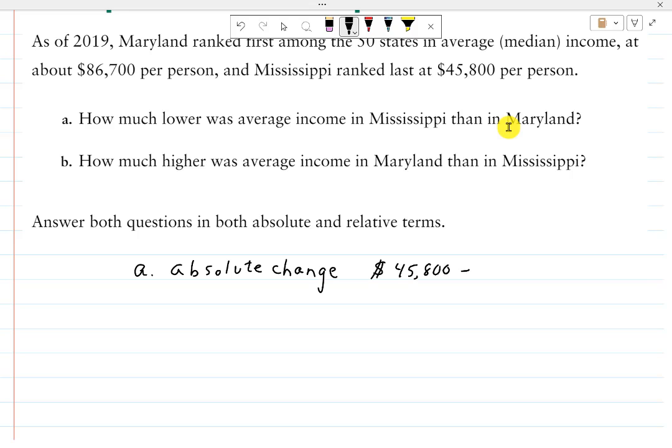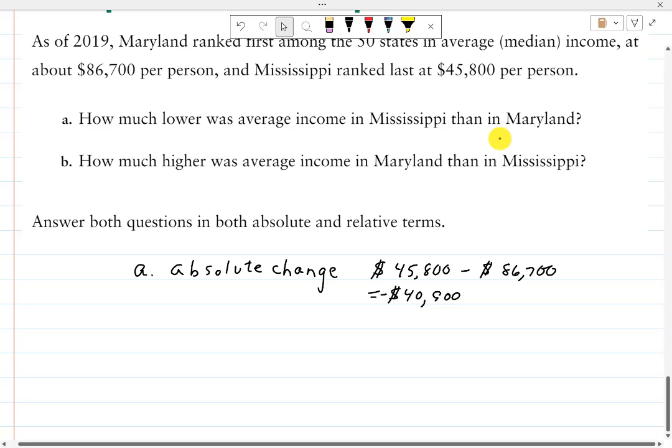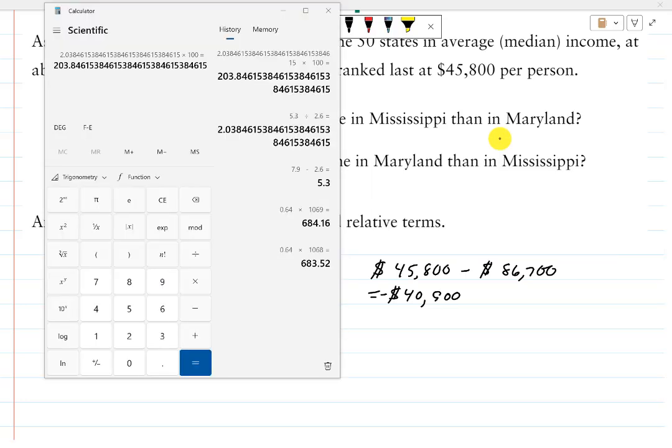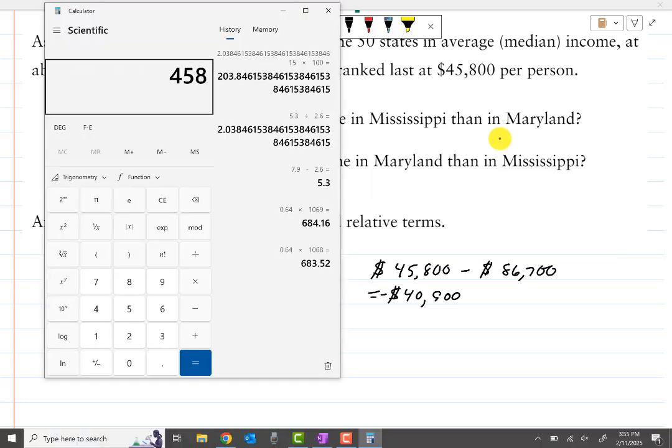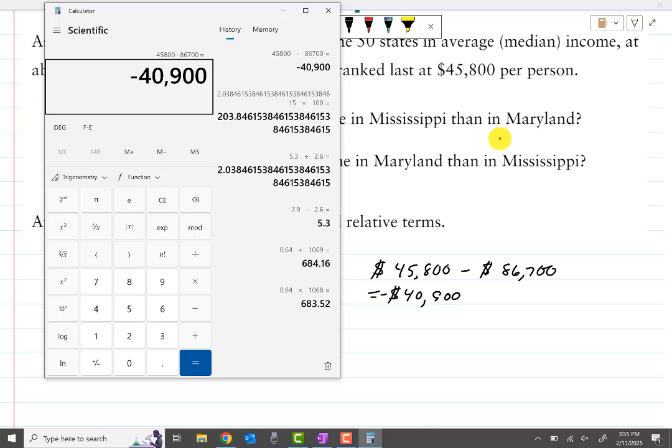we're going to subtract $86,700. And that looks like $40,900, but negative. Let me just check with my calculator. So I got my negative 40,900.